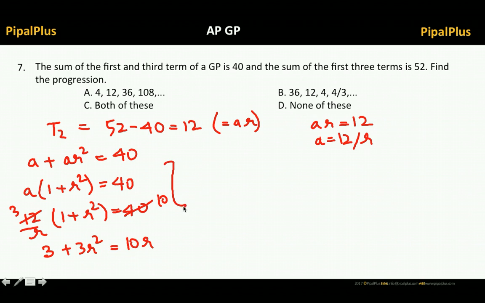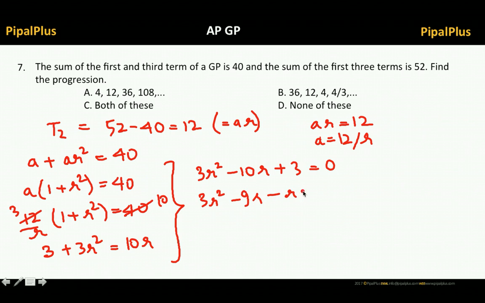So from all of this I get a simple quadratic equation: 3r square minus 10r plus 3 equals 0, right? So when I split the middle term into minus 9r and minus r, I get the following. So we take 3r common, and what we are left with is r minus 3.